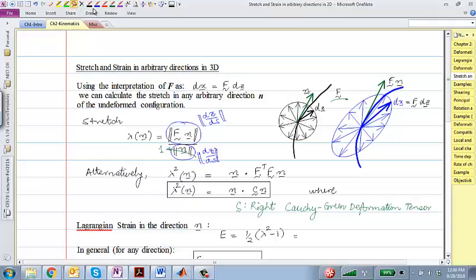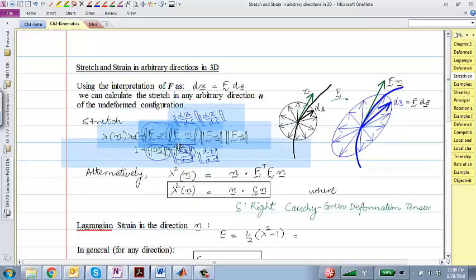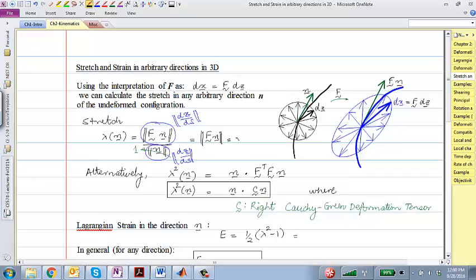What we get then is that lambda of n is equal to the magnitude of F acting on n, which is nothing but the square root of F acting on n, that vector dotted with itself. Do you agree with that? F acting on n is a vector. The magnitude of that vector is simply that vector dotted with itself, under the square root.